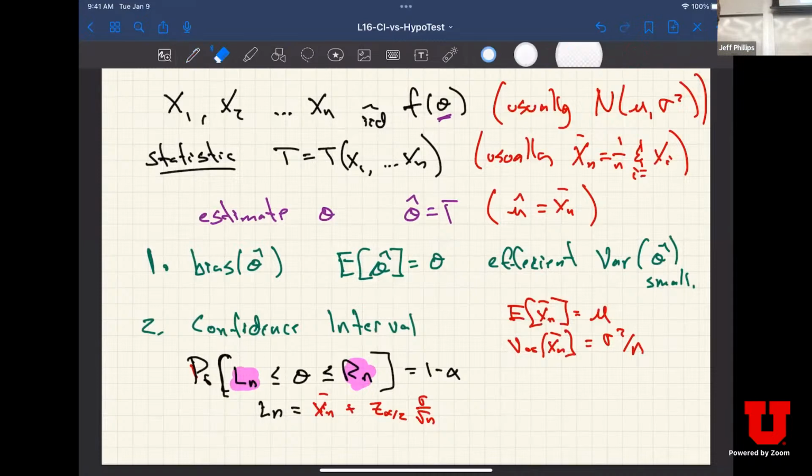The left-hand side is the minus, and the right-hand side is the plus value.